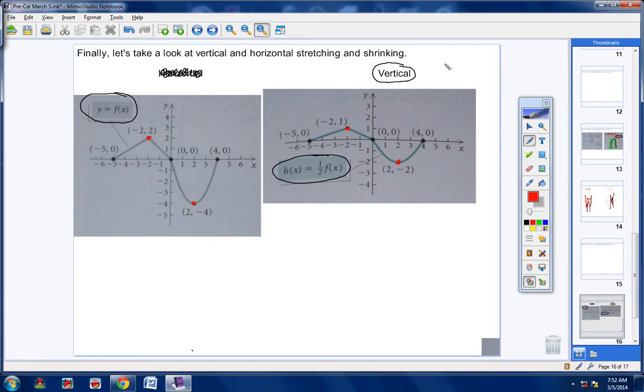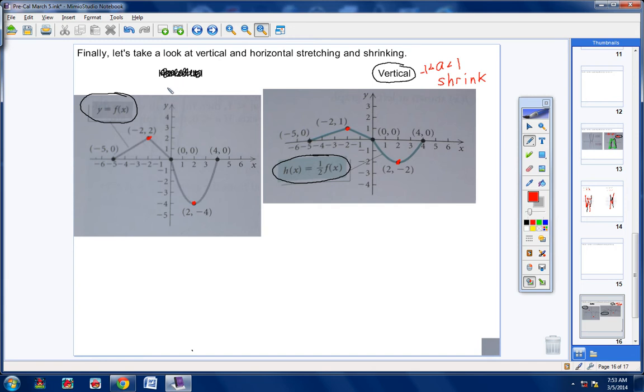Now let me show you what that means. Are you ready? That means whenever your a is greater than -1 and less than 1, whenever a is between -1 and 1, then you're going to have a vertical shrink. Now that's the opposite of horizontal.